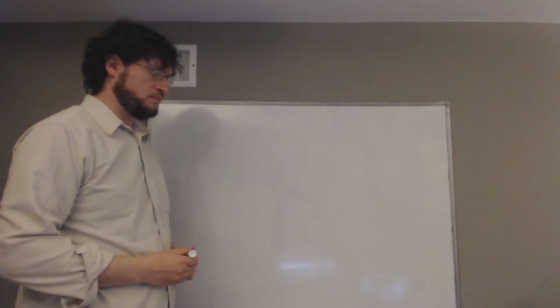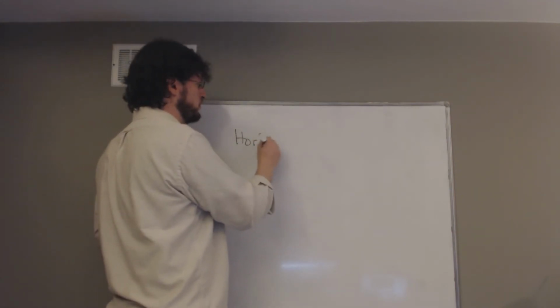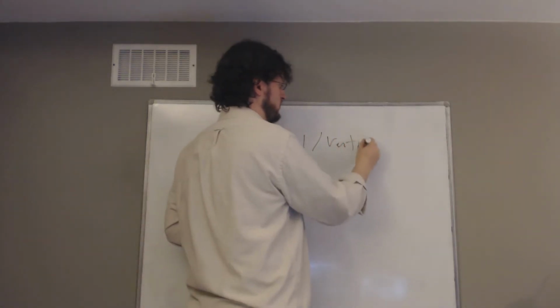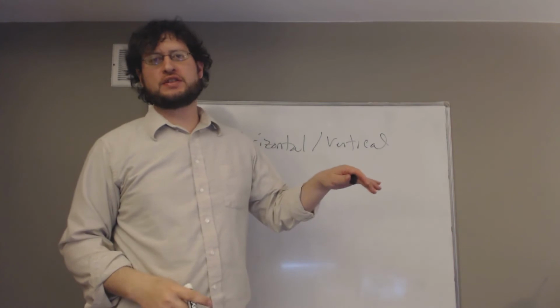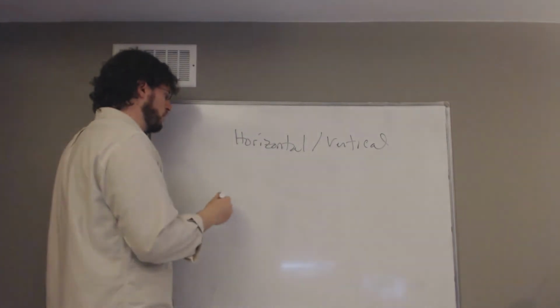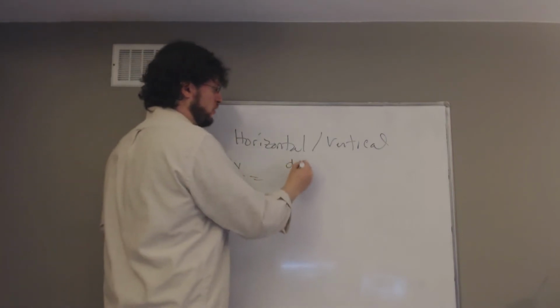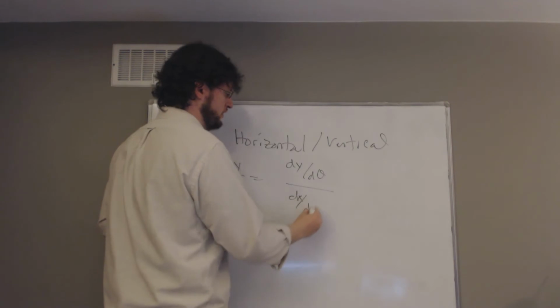So next we need to think about horizontal and vertical tangent lines. Remember that a tangent line is horizontal if dy dx is 0. But for us, dy dx is dy d theta over dx d theta.